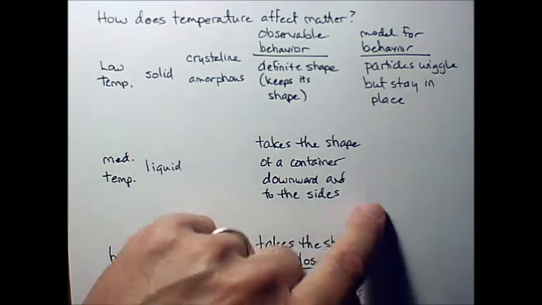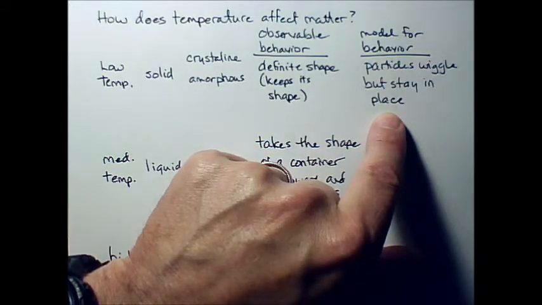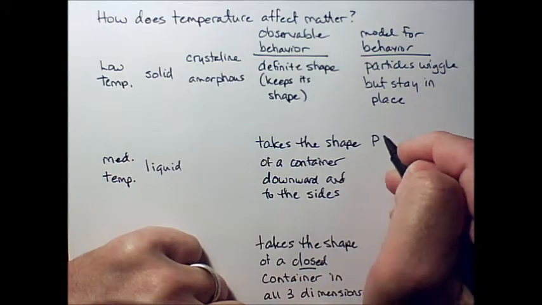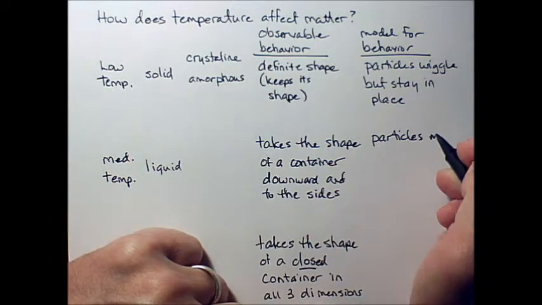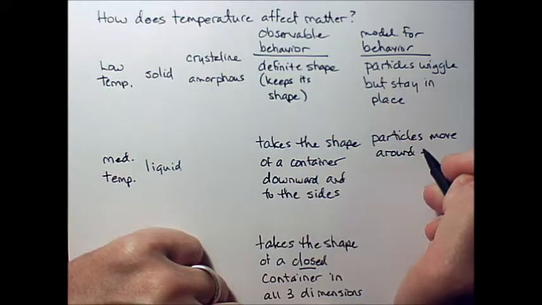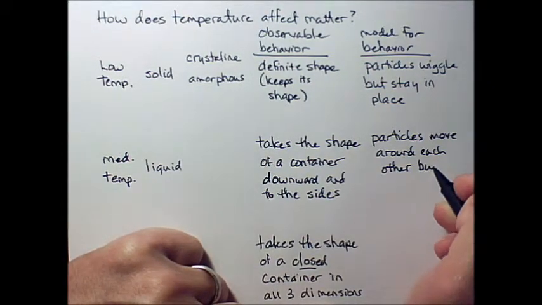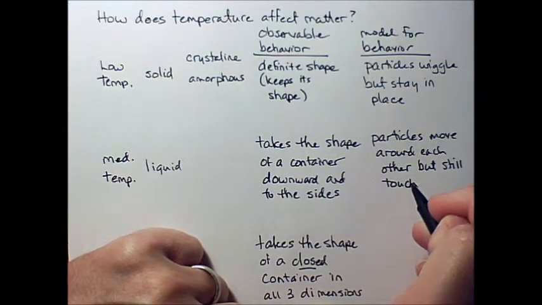Liquid particles are still touching like the solid particles are still touching, but the difference is the liquid particles move around each other. So the particles move around each other, but still touch.